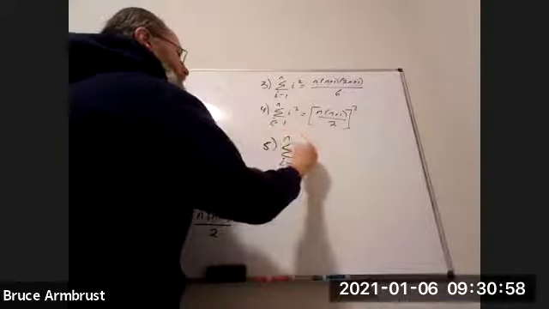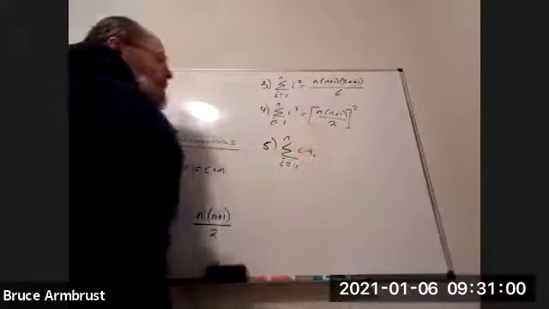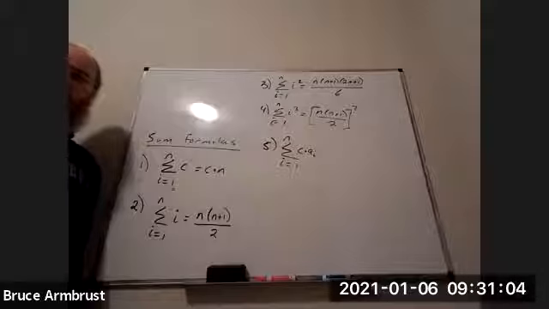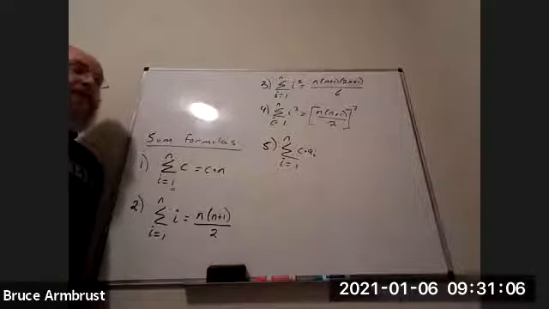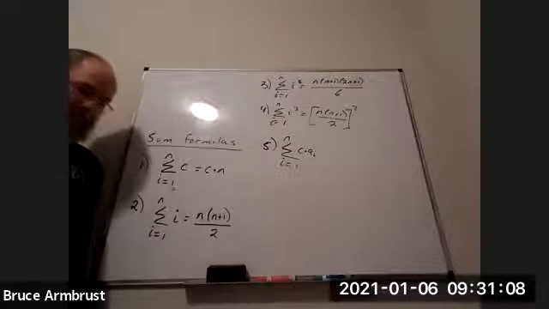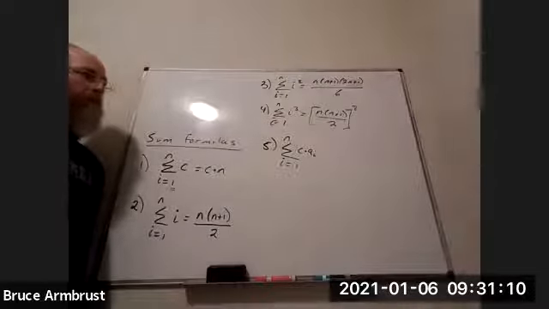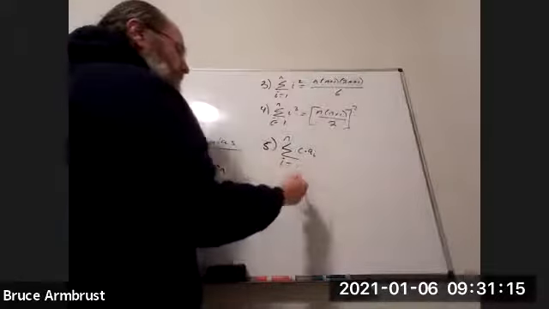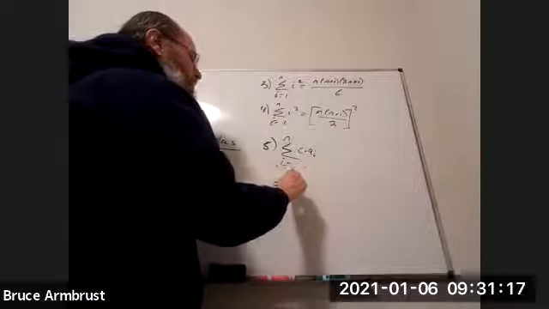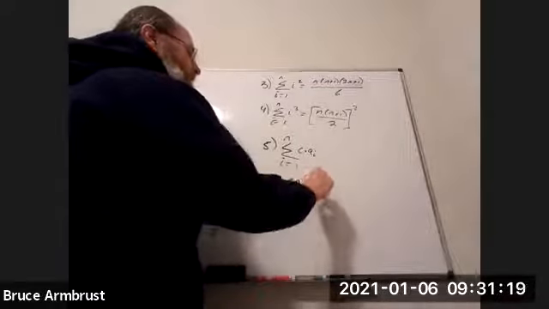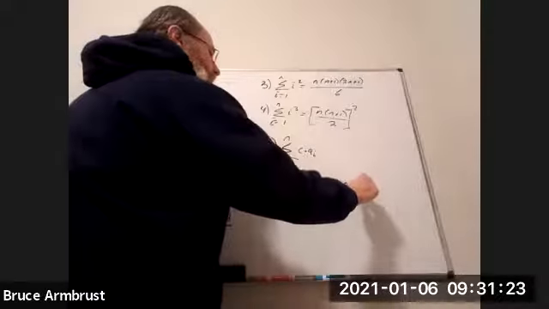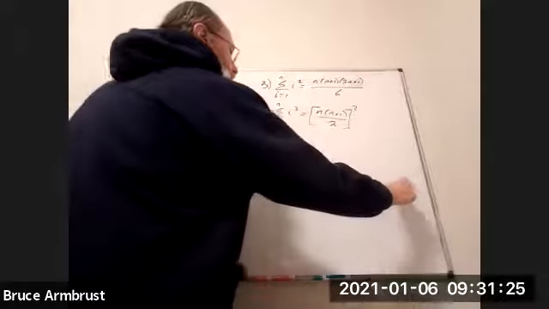The next one is, what if we have a constant times our terms? So every one of our terms in our sum is c times something. I'll actually prove this one to you too, just so you can see where it comes from. So this would be c a1 plus c a2 plus c a3 plus so on down the line.